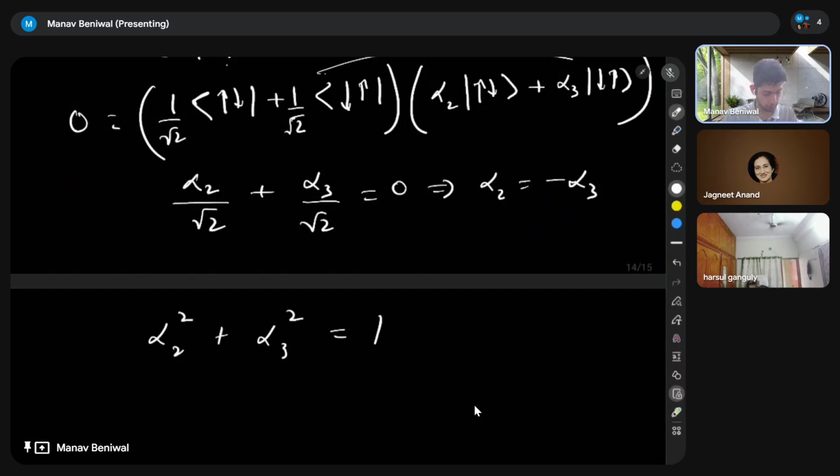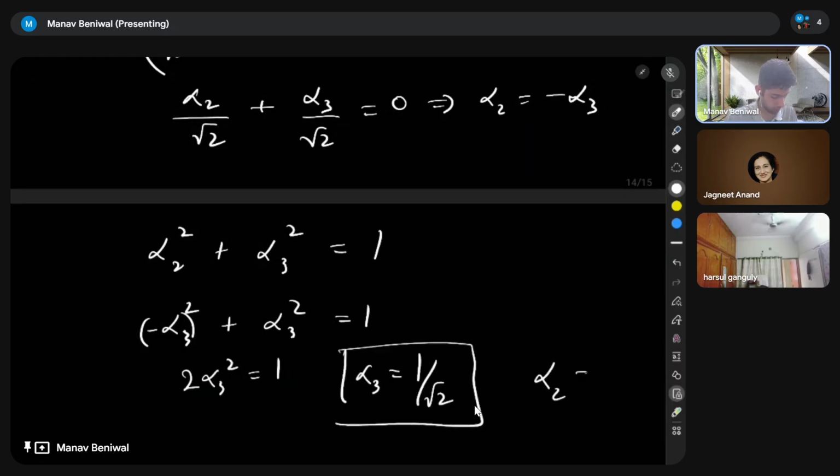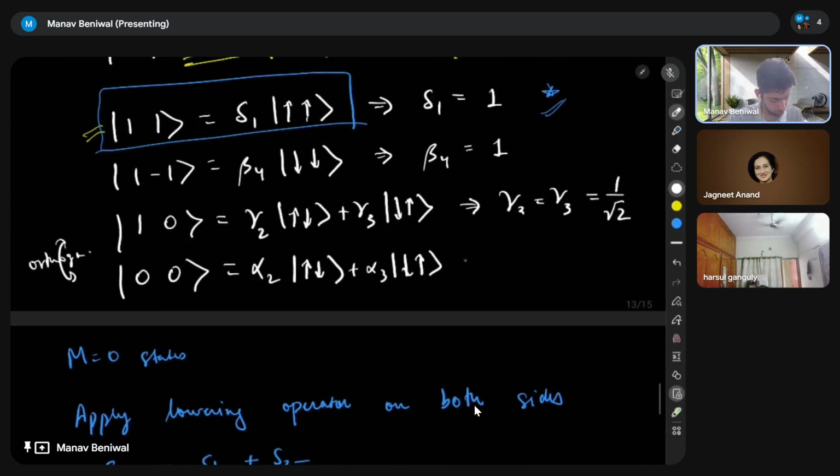Putting alpha 2 as minus alpha 3, 2 alpha 3 squared is 1, so alpha 3 is 1 by root 2, and alpha 2 is minus 1 by root 2.